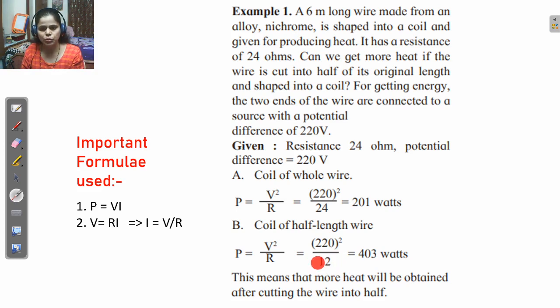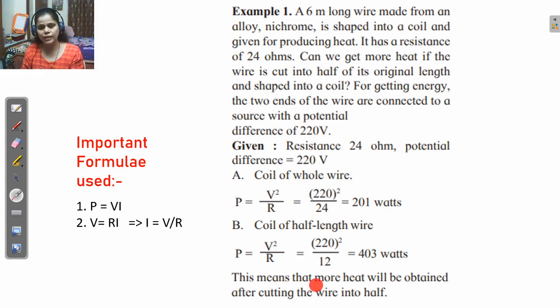So 220 square divided by 12, we get the answer 403 watts. This means in the case of the whole wire, power equals 201 watts, and in the case of the half length wire, P equals 403 watts. That means in the second case the power is higher than in the first case.